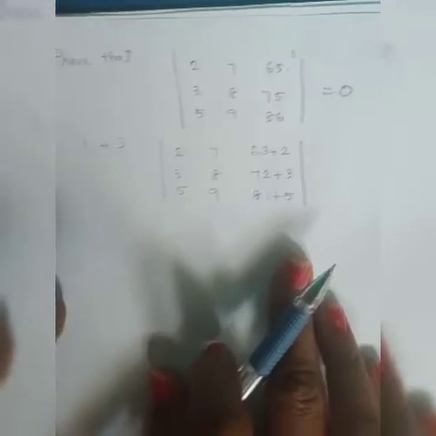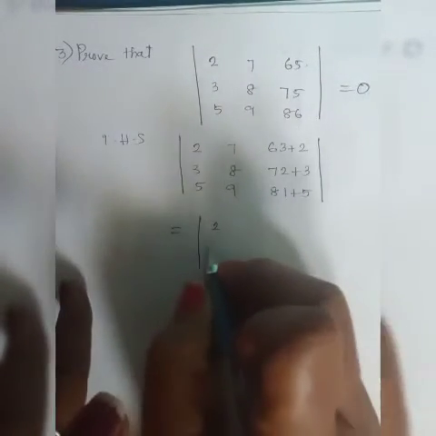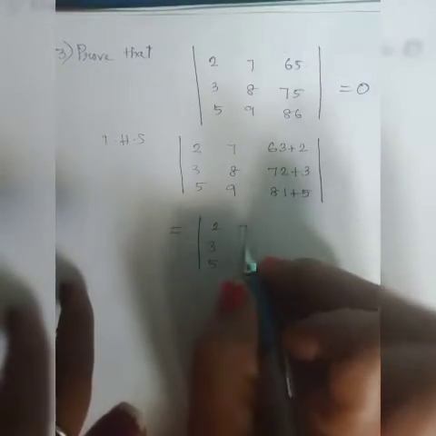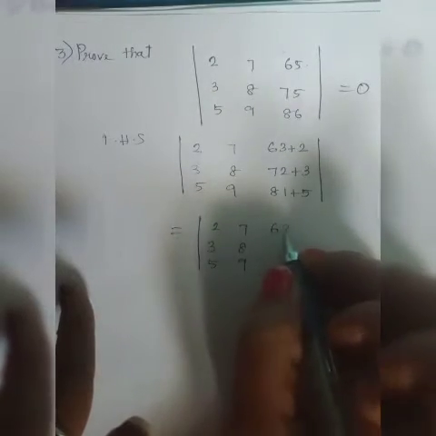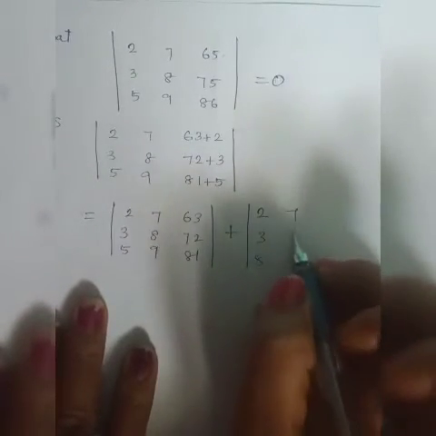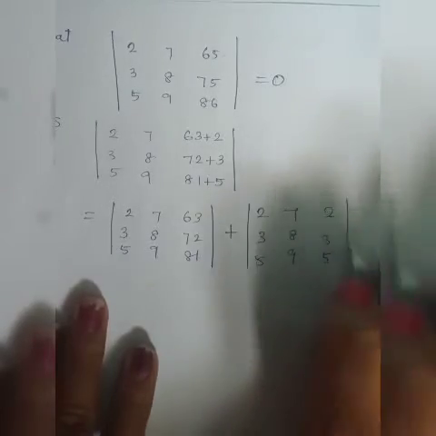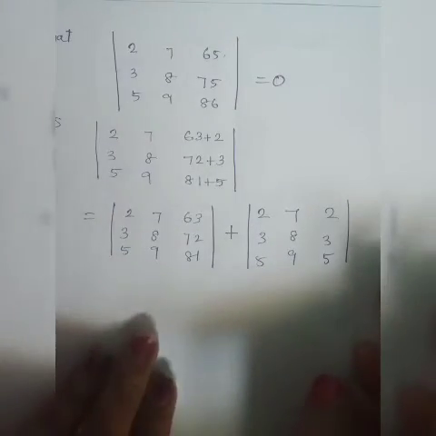That is, we can express the determinant as 2, 3, 5, 7, 8, 9, 63, 72, 81 plus 2, 3, 5, 7, 8, 9, 2, 3, 5. So this can be expressed as the sum of two determinants.